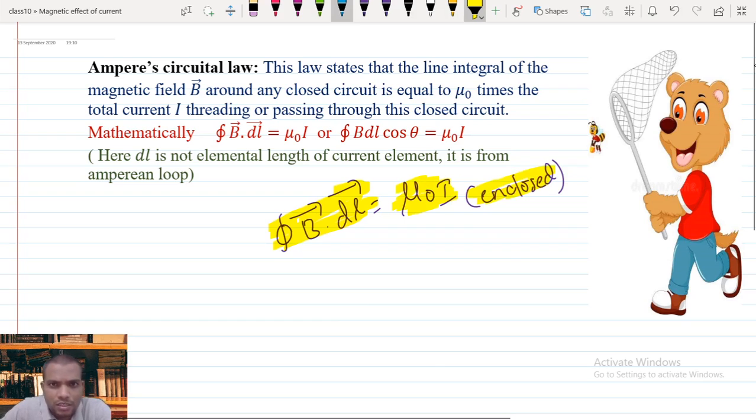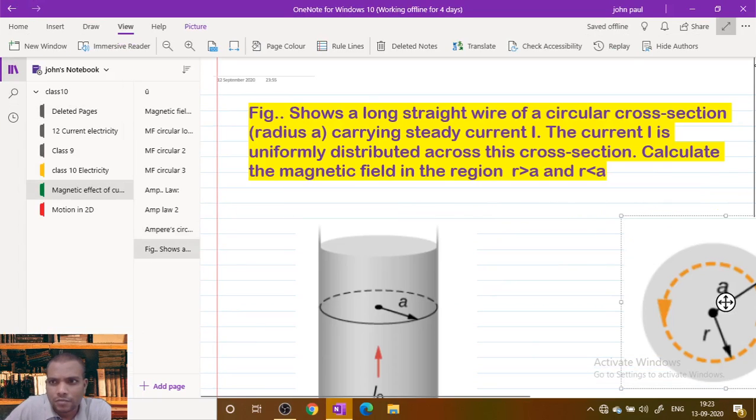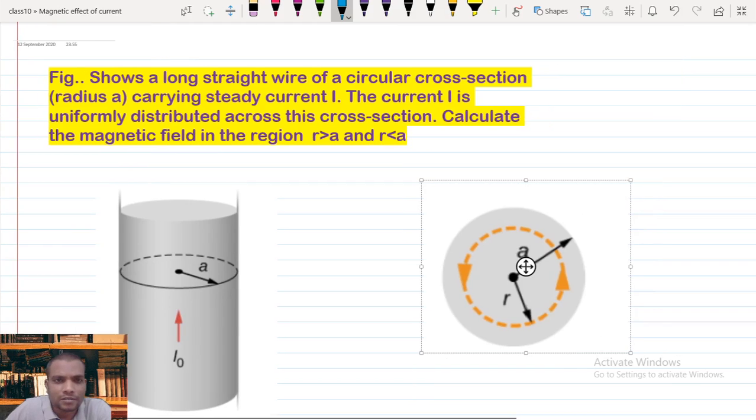Something we always need to carry, just like a honeybee net, depends upon the structure or the current carrying conducting material that is given. So let us try certain examples. Let us try to find the magnetic field in a real case for this given condition.